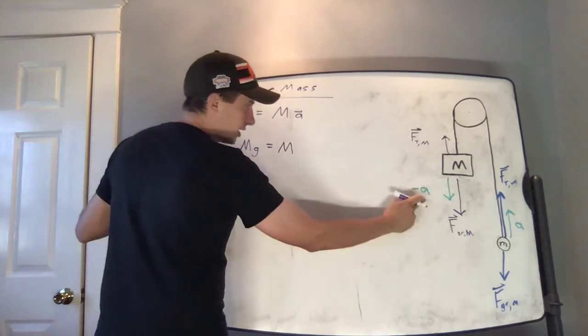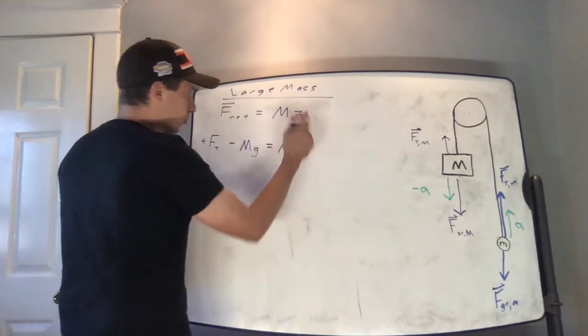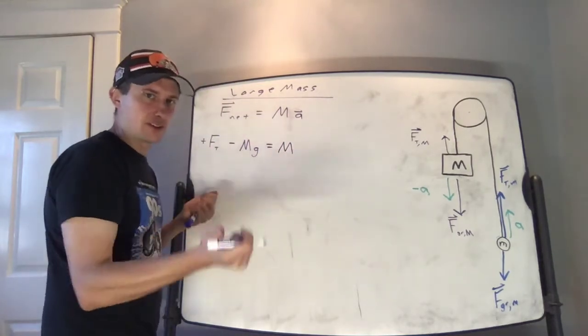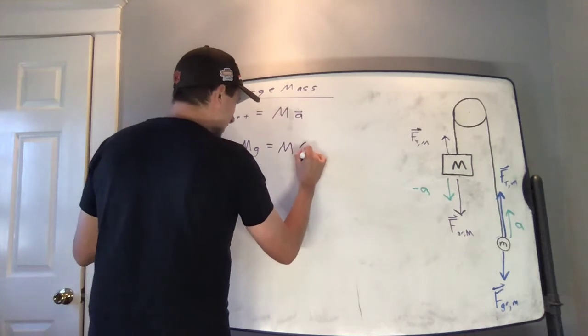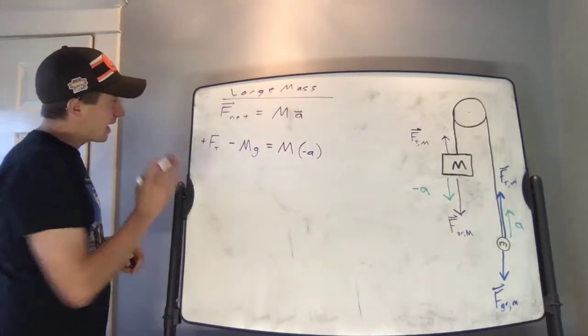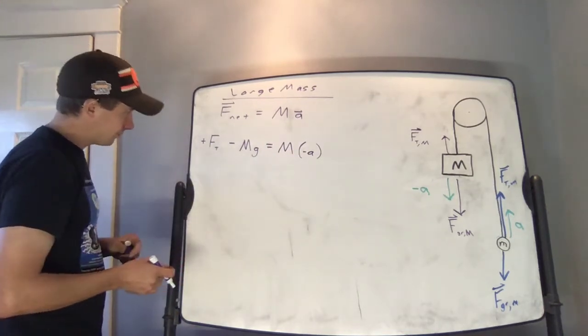The acceleration here we said is downward, and therefore my acceleration, when I account for sign, positive, negative sign, because I'm dealing with a vector, I get negative A. So at this point, I have Newton's second law written out for the large mass.